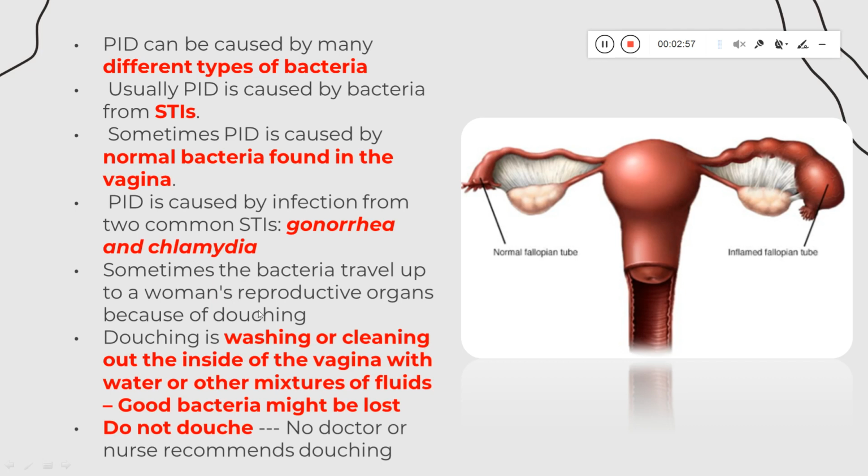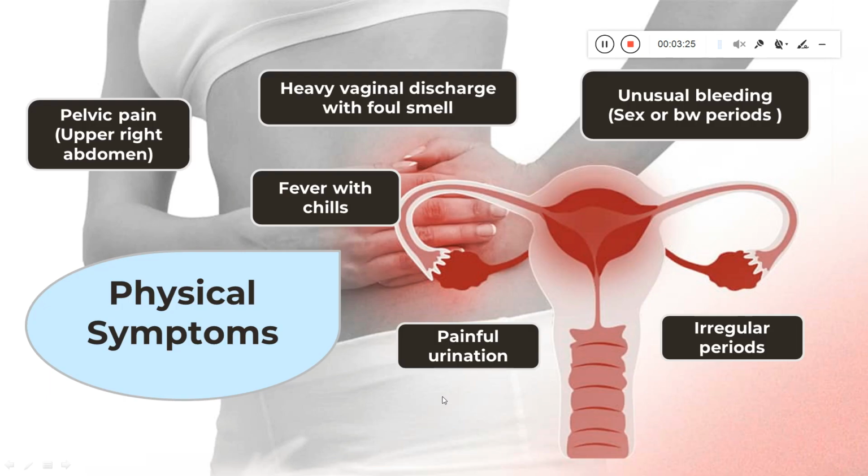Cleaning the vaginal region too much using water and other mixtures can lead to an issue where your good bacteria, which are usually required to keep a balance in the vaginal region, are lost. Because of these good bacteria being lost from too much douching, it can lead to more complications. No doctor will recommend douching, and no nurse will recommend it either. Too much douching is not good, which can lead to complications.